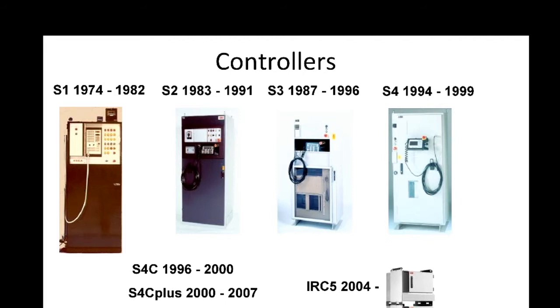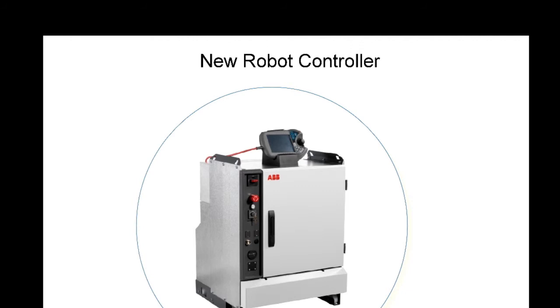Every 10 to 20 years the robot controllers remain the same. Now currently we have a new controller. In the next slide we are going to see the new controller. Yes, this is the new robot controller. If you are going to purchase a new robot now, you can get this kind of controller.